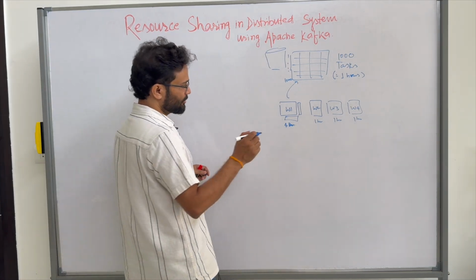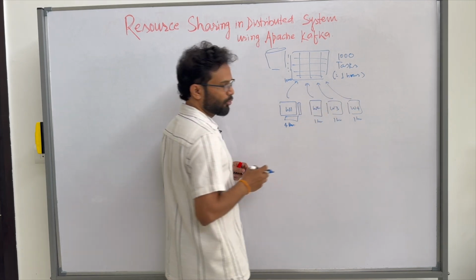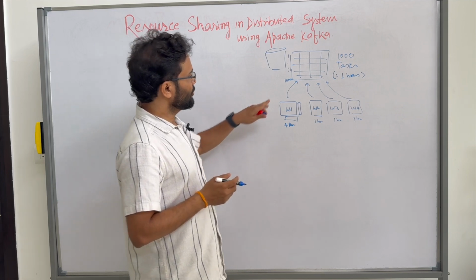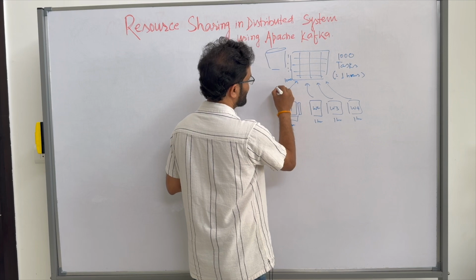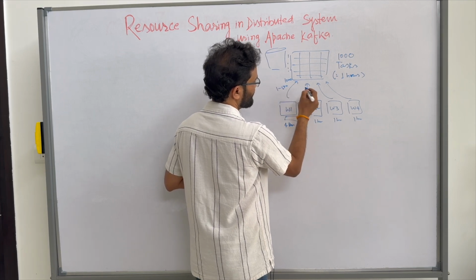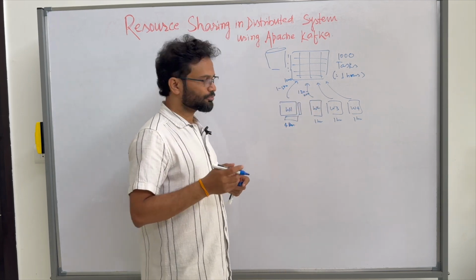But the problem is that when you have all 4 machines up and running, we don't know from which row number to which row number they will pick up. They might pick up from 1 to 500, or from 120 to 600. We don't know.